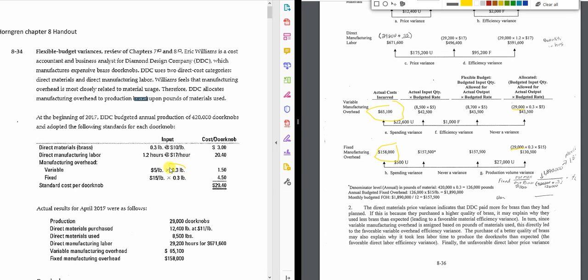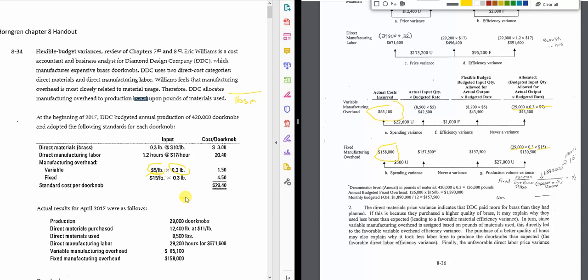So I have 0.3 pounds, and remember up here we said we're going to allocate it based on pounds of materials. Okay, so 0.3 pounds right there times... I'm in fixed first. I missed my variable. 0.3 pounds times $5 a pound here and $15 a pound here. Okay, so 5 and 15. Okay, they don't always give us this rate, so I might have to do this.